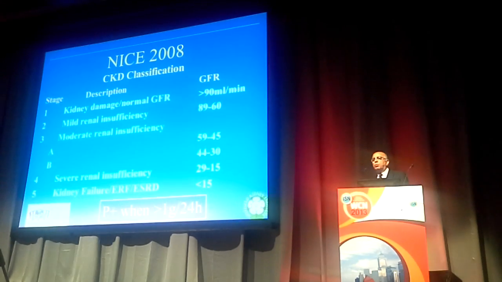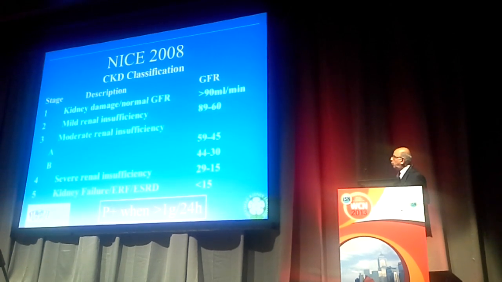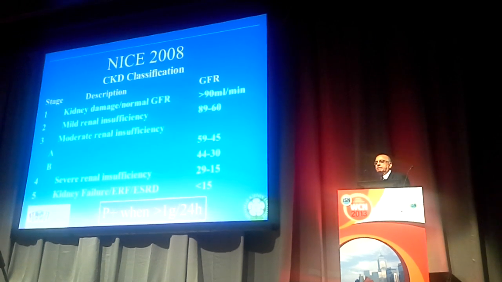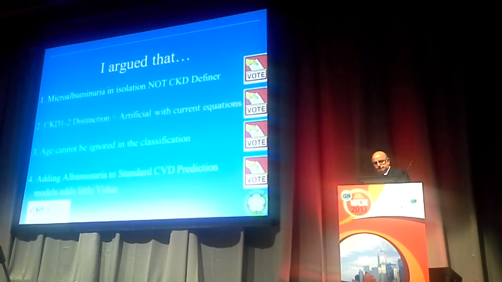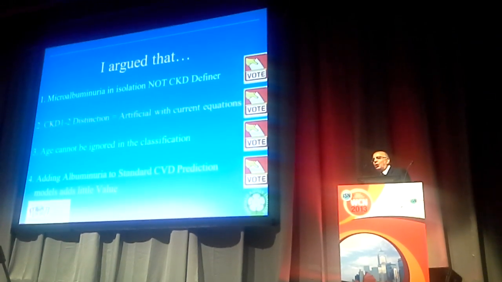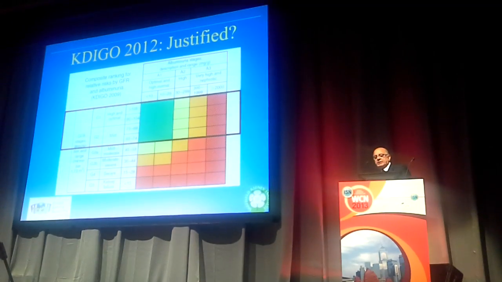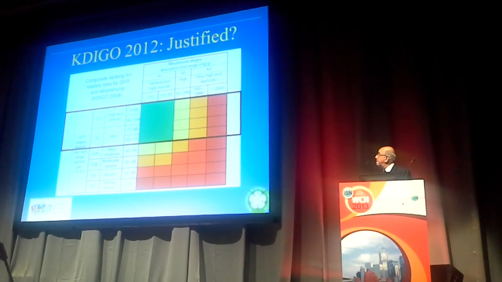So I put it to you, why don't we divide and go back to the more than 1 gram, less than 1 gram, and the CKD categories. If CKD 1 and 2 distinction is not currently justifiable as you voted for, then we have to merge CKD 1 and 2.